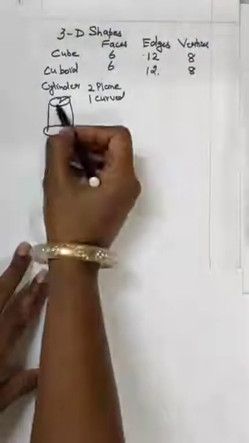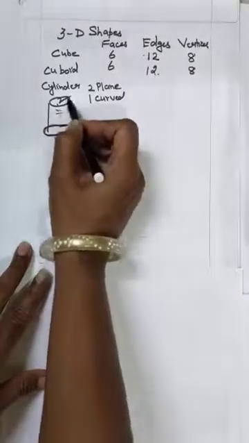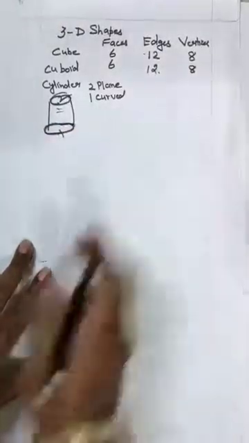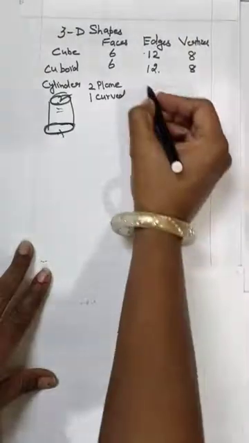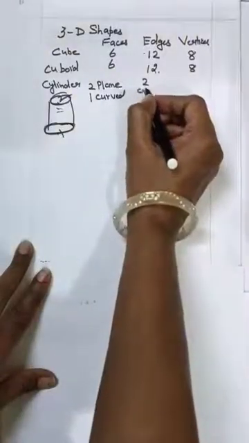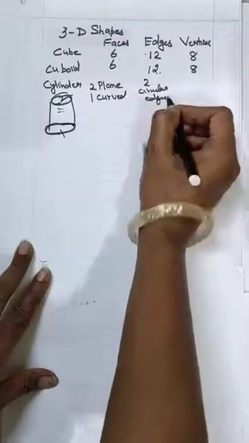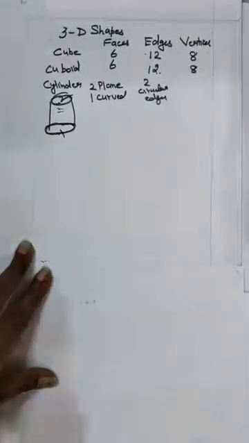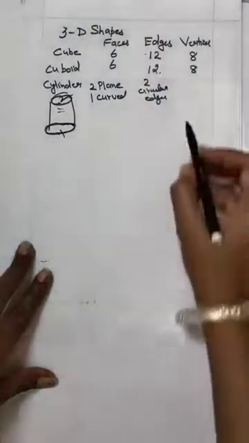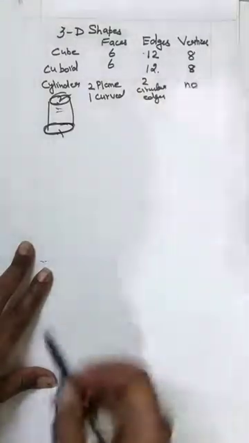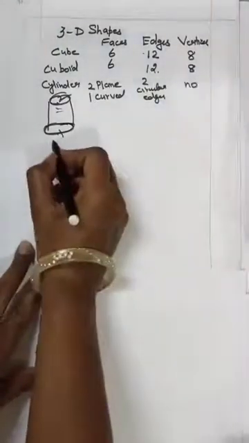It has 2 circular edges. These 2 circular edges. Okay. So we can write down here 2 circular edges. And how many vertices it has? Vertices means corners. It does not have any corner. Okay. Now see the cone.